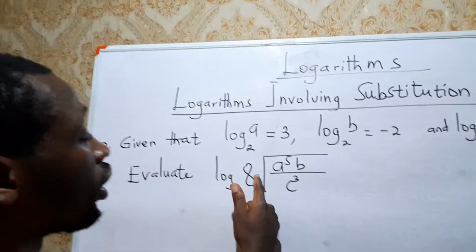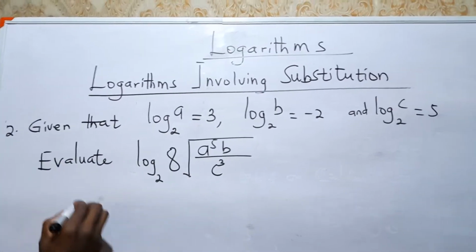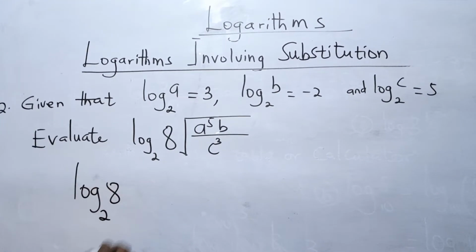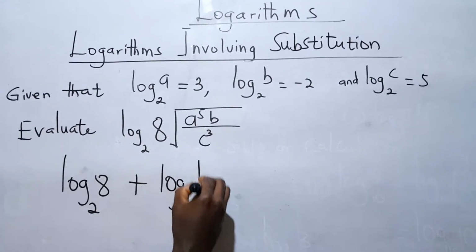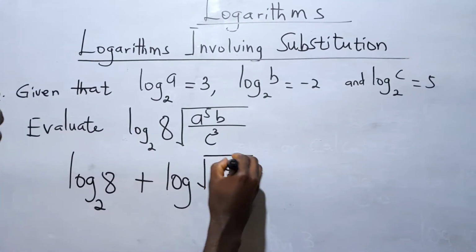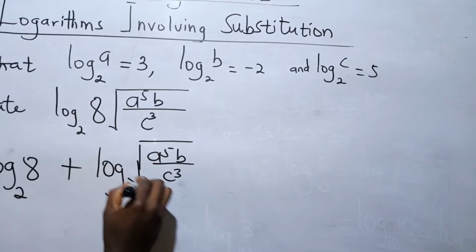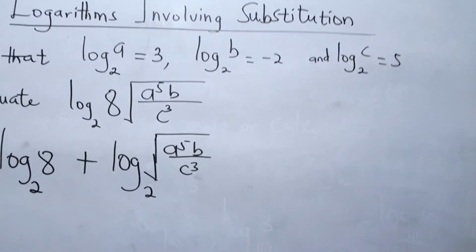Look at it. This and this is multiplying. So we apply the second law and split them off. So that will be log 8 base 2 plus log the square root of a exponent 5b over c cube base 2. I hope you get that.